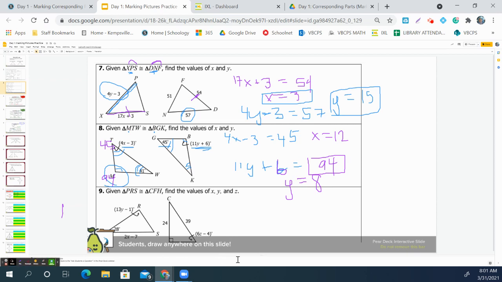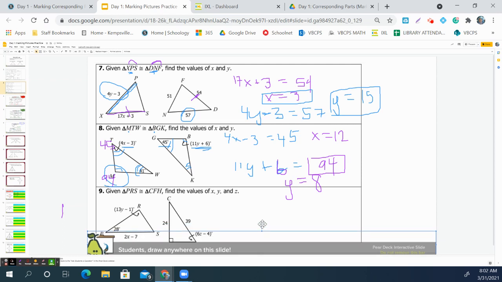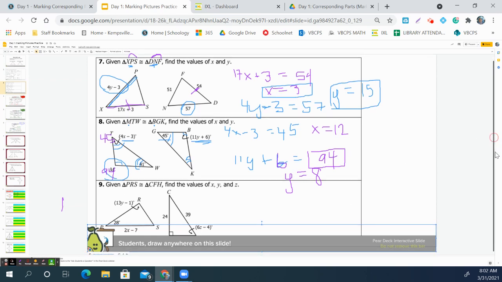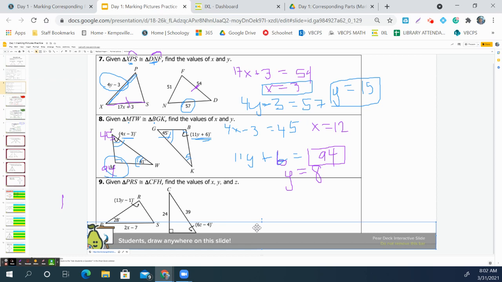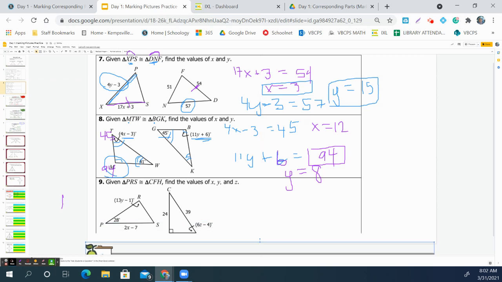Look at number 9. Spend a minute or so thinking about how you need to do that. What do we need to do for number 9? So what's step number 1 down here?